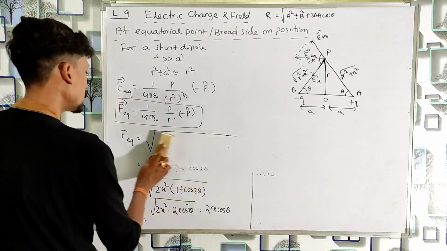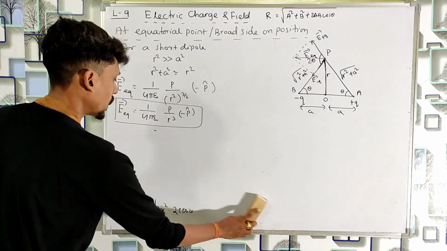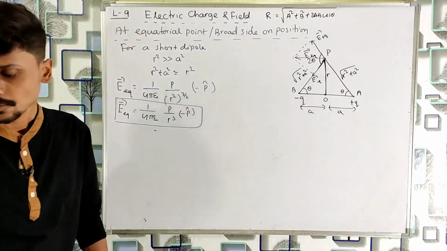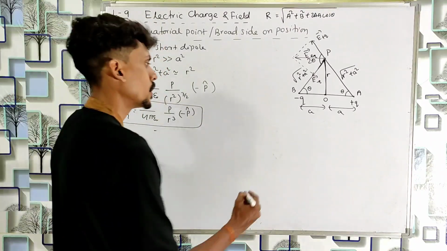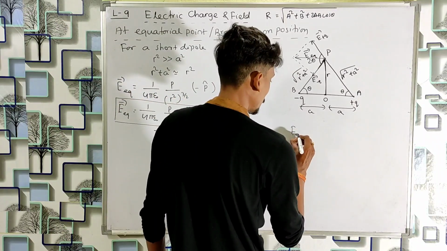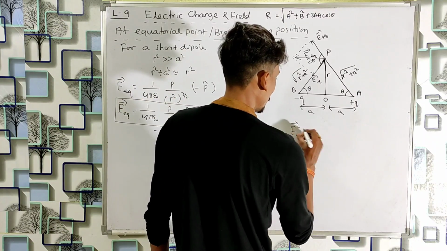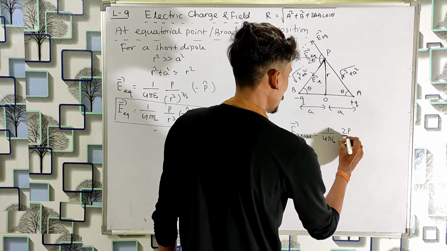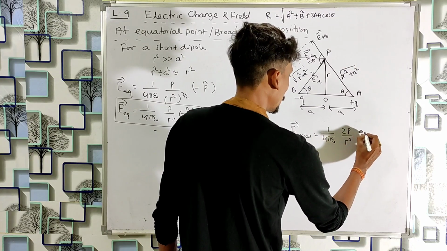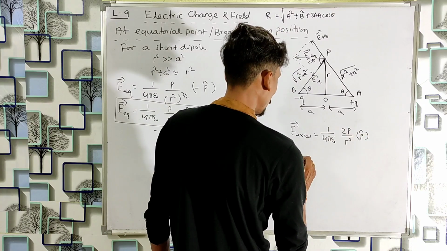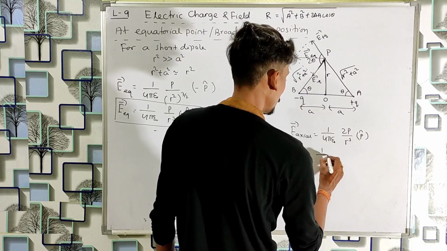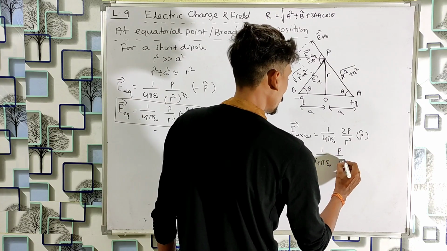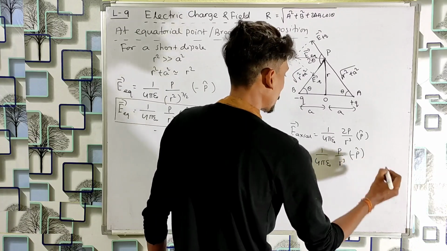Students, we have finished the derivation of electric fields at the axial point and at the equatorial point, and we saw that E axial vector is equal to 1 by 4 pi epsilon naught 2p by r cube into p cap, and E equatorial vector is equal to 1 by 4 pi epsilon naught p by r cube minus p cap.